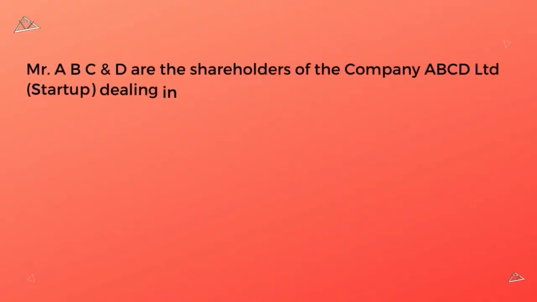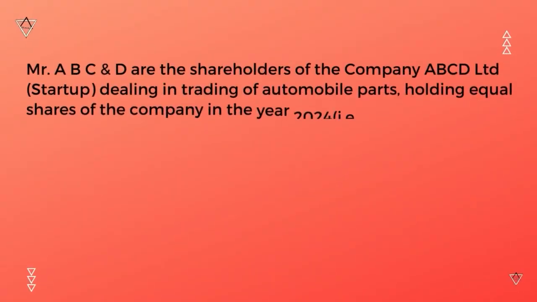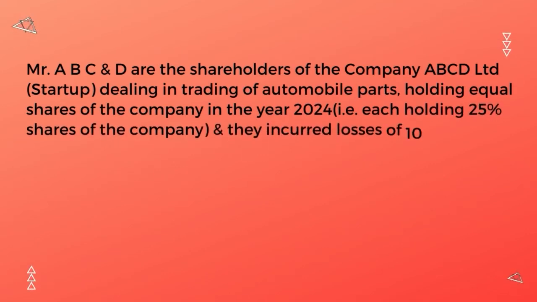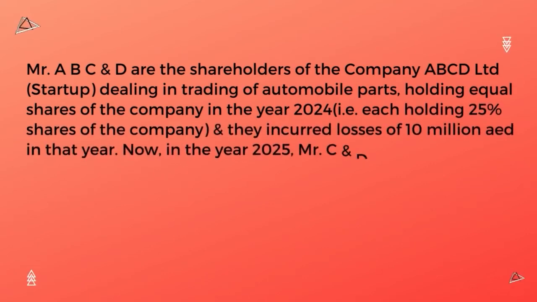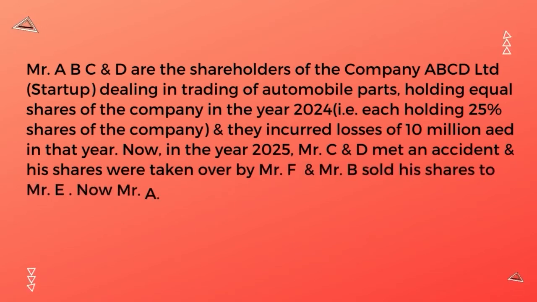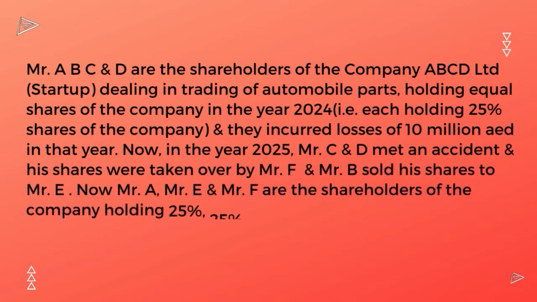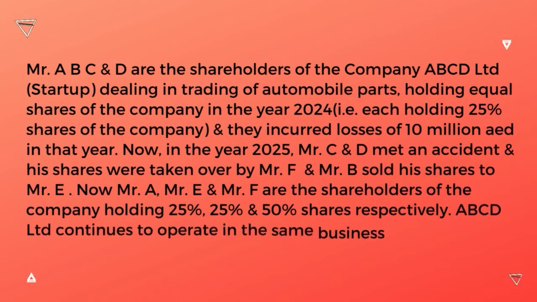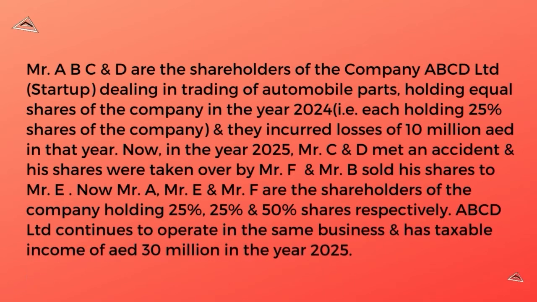For this also I would like to take an example. Suppose Mr. A, B, C, D are shareholders of the company ABCD Limited, which deals in trading of automobile parts, and each holds equal shares of the company in the year 2024. That is, each holds 25% of the shares, and they have incurred a loss of 10 million AED in that year.